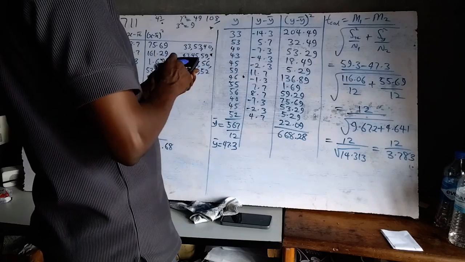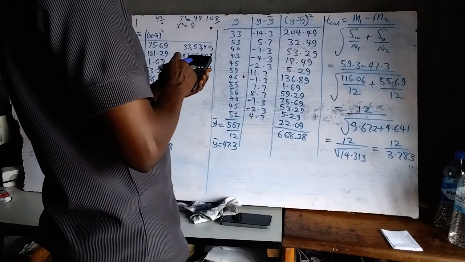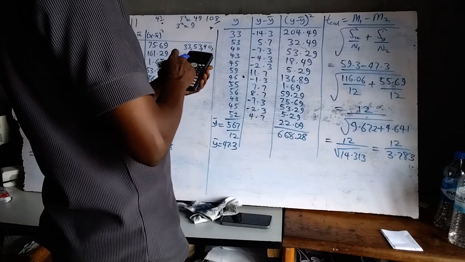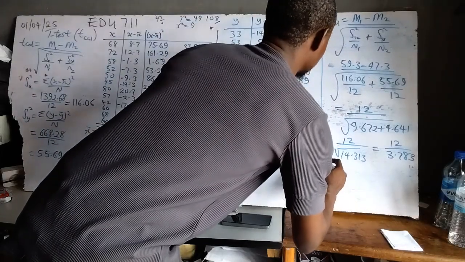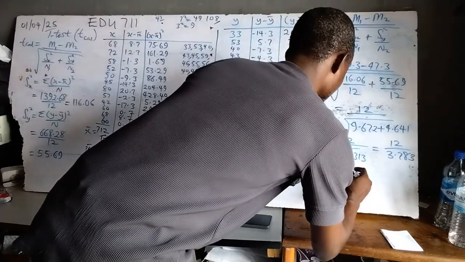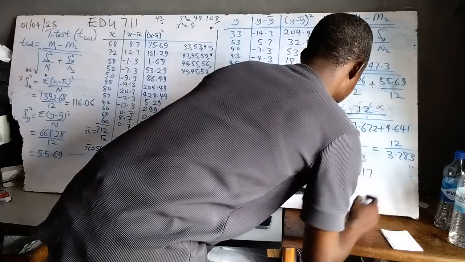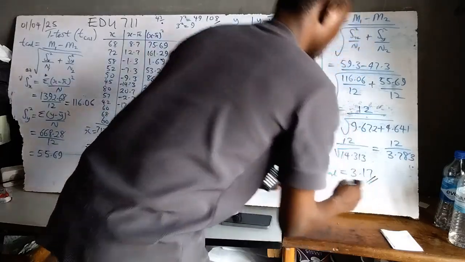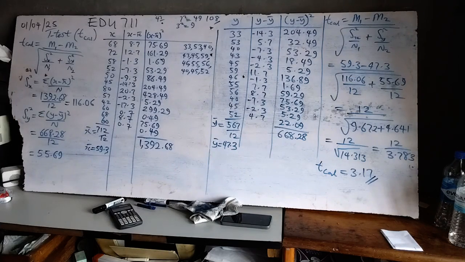So 12 divided by 3.783, so our theta is equal to 3.17. Yeah, let's stop there. 3.17. Great. So this is our theta.